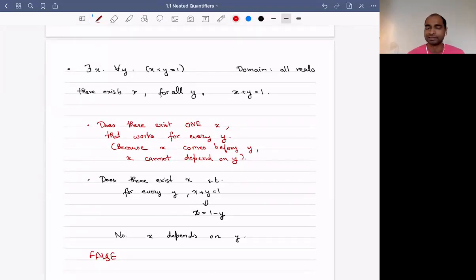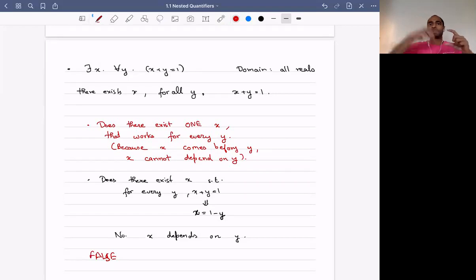Let me just say that there exists x such that for all y, and so on, is the hardest of the four. And it's very non-intuitive. Remember that there exists doesn't mean that there exists exactly one. But here it's saying that there exists x that works for everything that comes after it. So there could be more than one x that does the job for you.